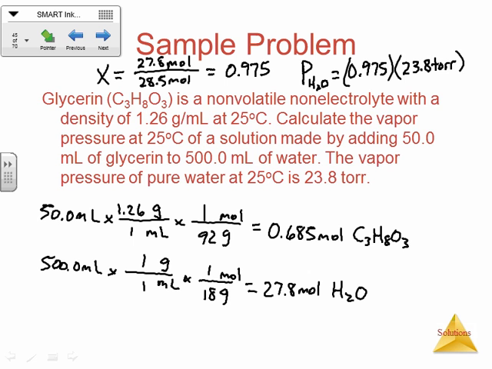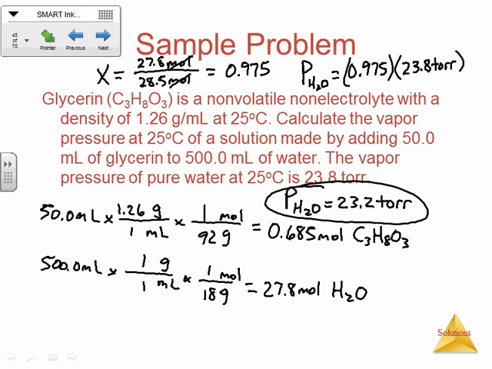Okay, and this 0.975, remember, mole fraction is a unitless number because moles cancels out. So we can use any unit of pressure with the mole fraction that we want to. So since they gave us torr, let's just use torr. So we take the 0.975 times 23.8, and that gives us a vapor pressure of 23.2. Okay. So the new pressure of the H2O is about 23.2 torr.